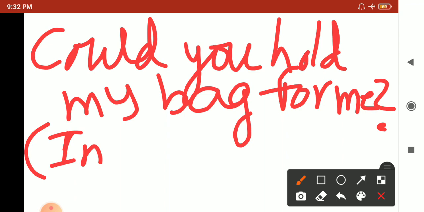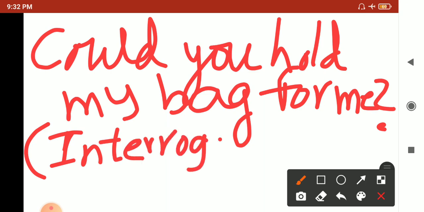Am I right? Interrogative. This is the structure of the sentence. But what do you think? Is this really a question? Could you hold my bag for me?